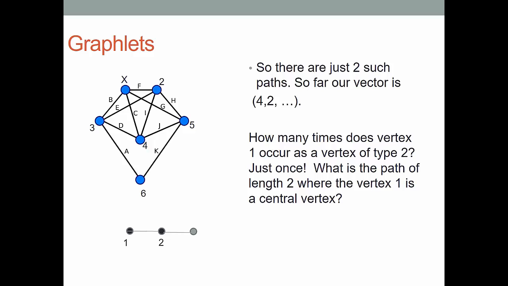So what we need is actually 3, X, and 5. If we select 3, X, and 5, we get a P2 in which X is the central vertex. That's the only vertex set that induces a P2 where X is the central vertex. So for graphlet node 2, the answer is just 1.